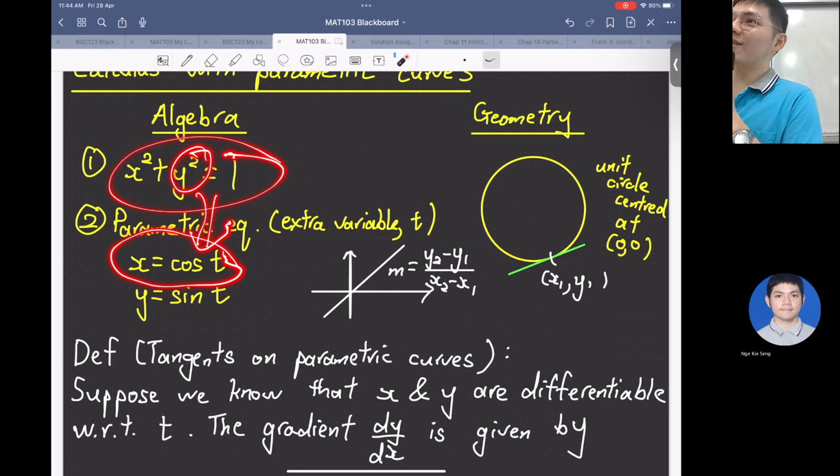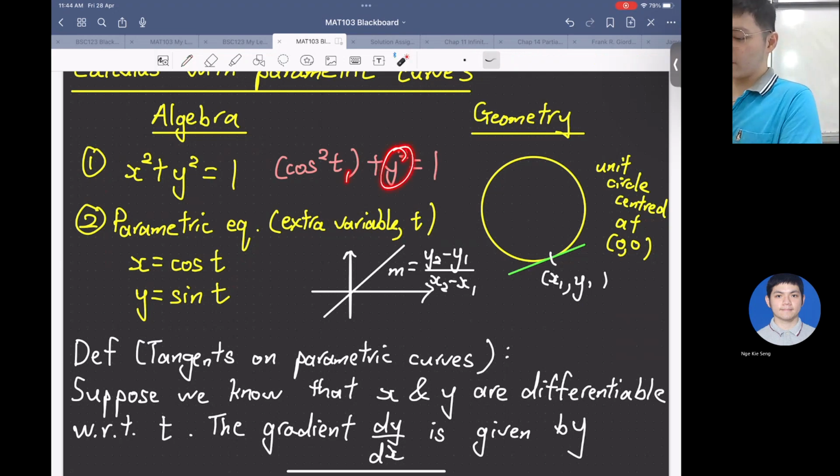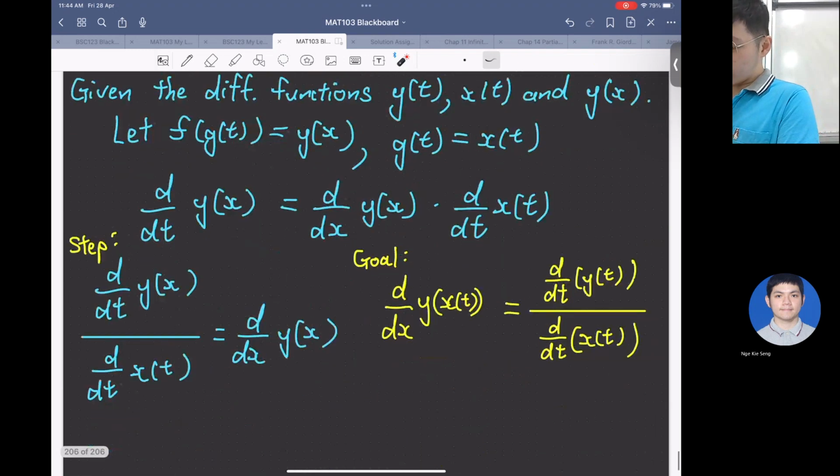In other words, we have to be professional with substitution. So plugging is the right idea. We can just write cos square t plus y square equals 1. Then you can write y in terms of t. So what we really have here is y(t).